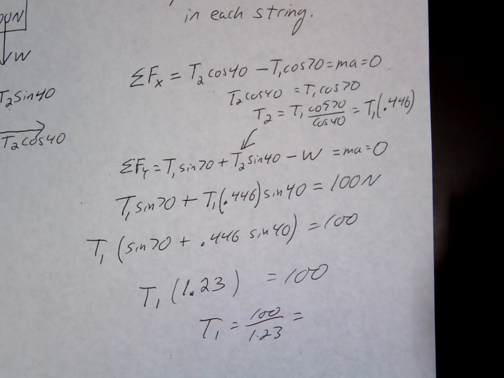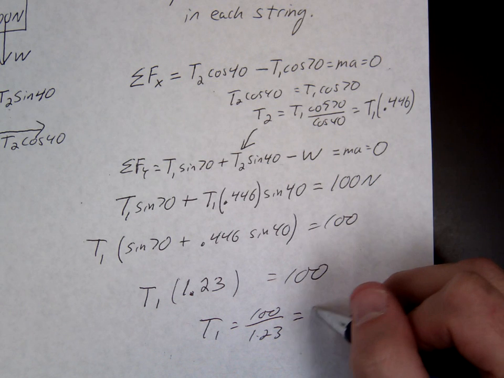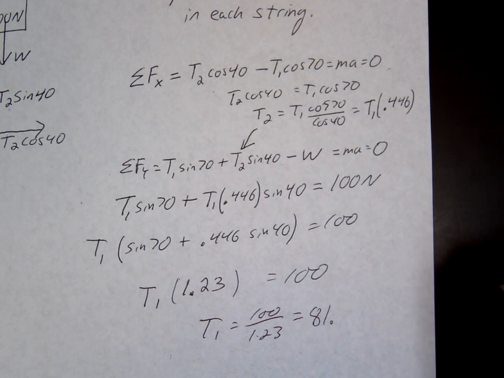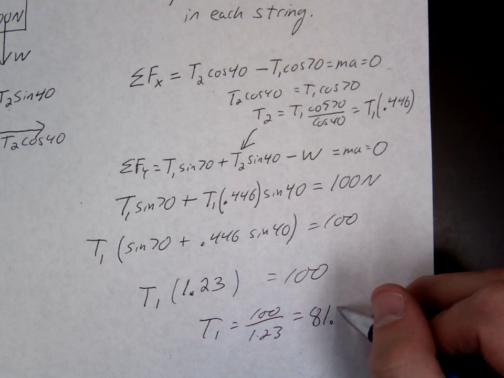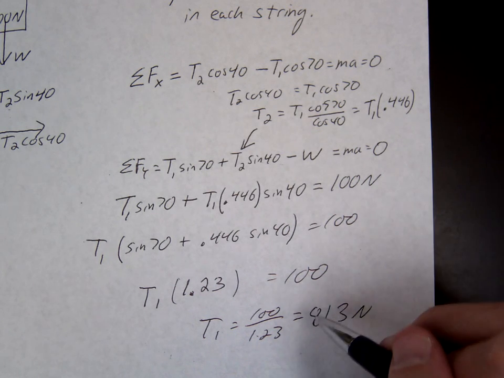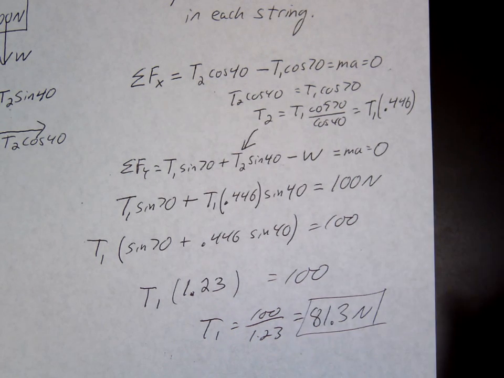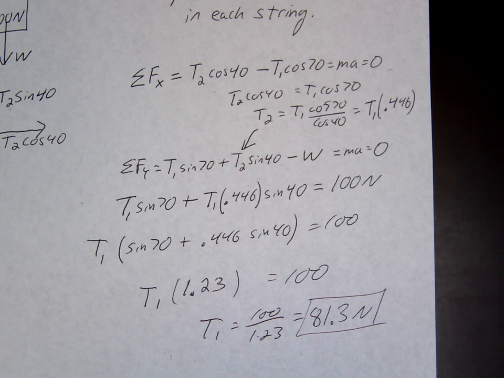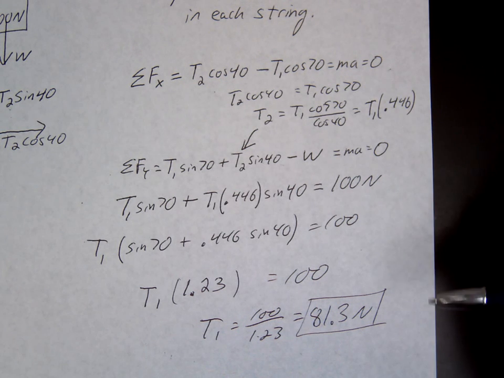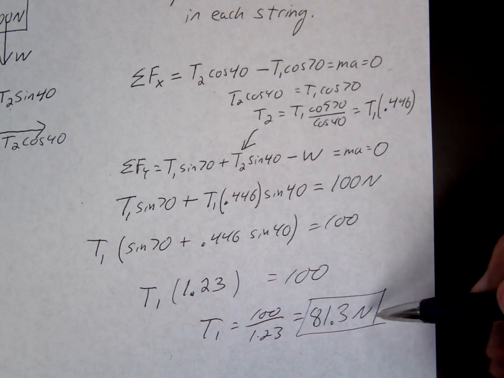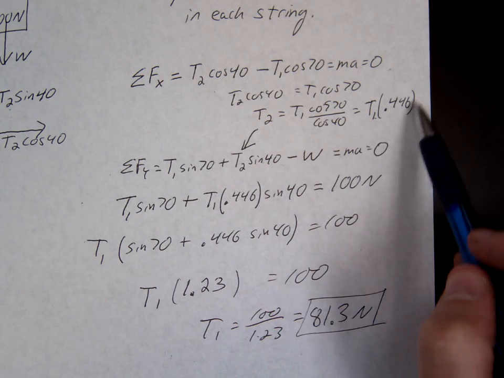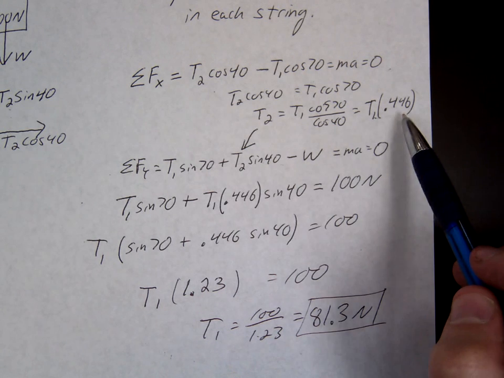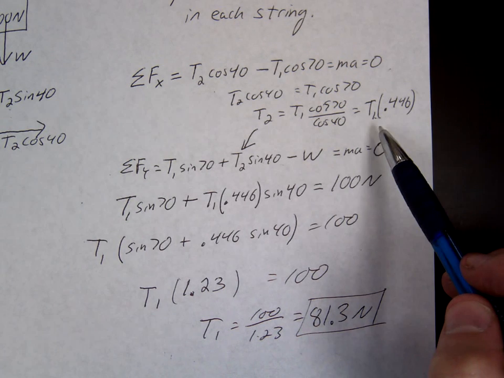So what's our T1? And is T2 the same, 81.3? No. How do we find T2? Right here. So remember this right here, T2 equals 0.446 times T1.